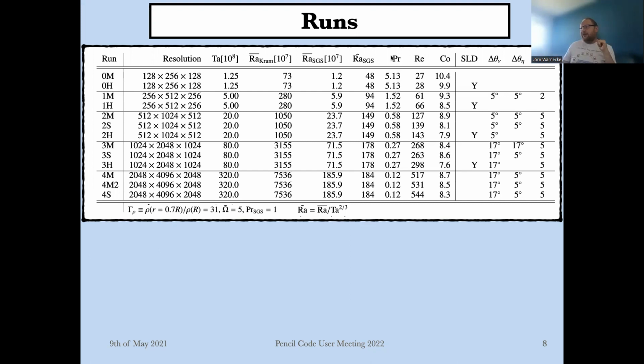But the Prandtl number, that's now estimated from a 1D model, but it gives you a good idea at least. So it means that the Prandtl number actually goes down. Yeah, it does go down. You can also say that the Kramers heat conductivity becomes more and more important, because that one is not changing. Exactly. You don't have a Péclet number adapted to the increasing resolution. So you basically make nu smaller.